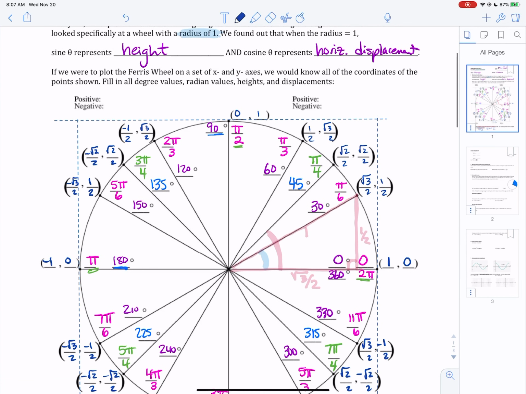All this other stuff that says positive, negative, they want to know what is positive in quadrant 1, what is negative. In positive, we have cosine values and sine values are positive. Nothing's negative in quadrant 1. In quadrant 2, we have positive sine values, and negative would be the cosine.